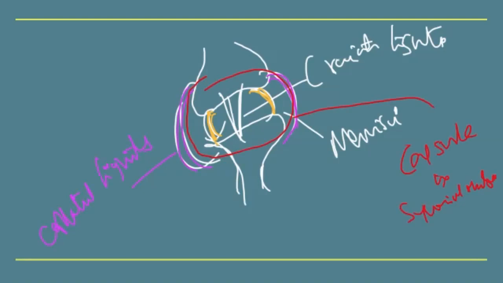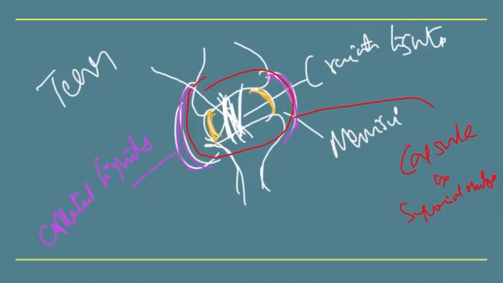So cruciate ligaments may tear because of force. We have already discussed this when talking about the anterior cruciate ligament.